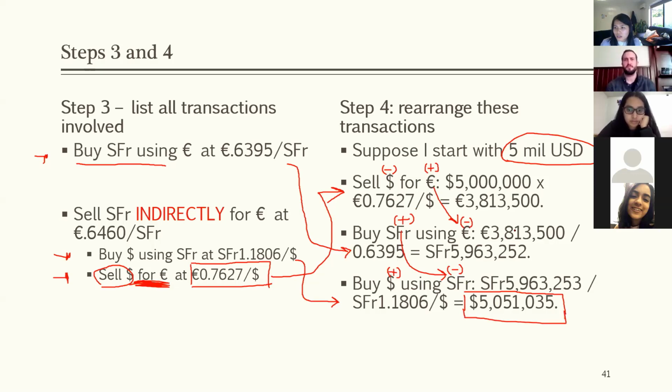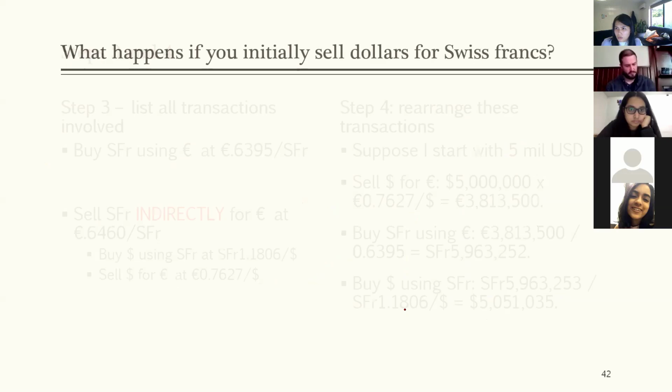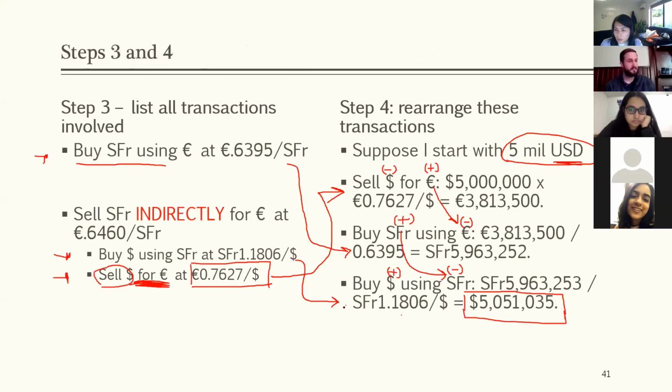Okay, so this is the same currency as what I started with. So to compute the profit, I'm going to take my final outcome, which is 5,000,051, and I'm going to minus that with the initial starting point, 5 million. So my profit is about 51,000 USD. Okay.